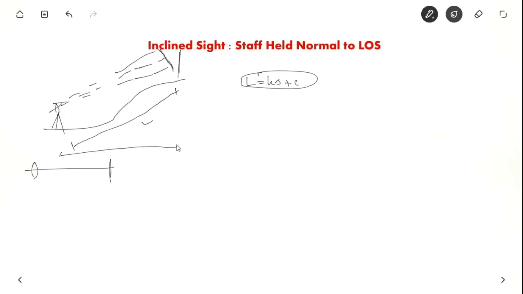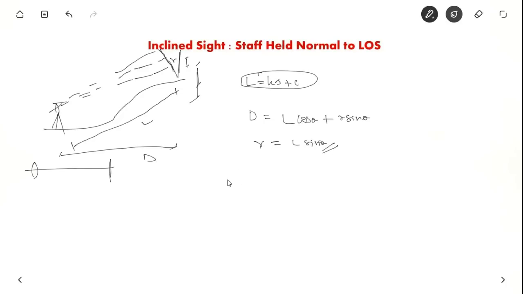But what is D here? D will be L cos theta plus, you have this mid level reading as R. So this will be R sin theta, L cos theta plus R sin theta, and this vertical will be L sin theta.